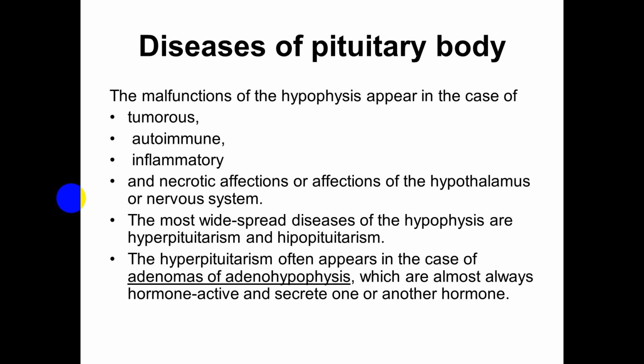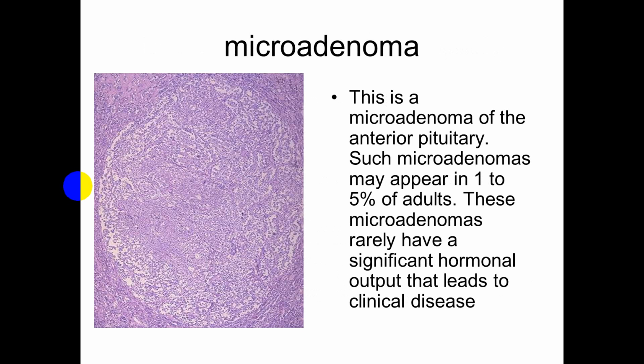The malfunction of the hypophysis appears in the case of tumors, autoimmune, inflammatory, and necrotic affection or affection of the hypothalamus or nervous system. The most widespread diseases of the hypophysis are hyperpituitarism and hypopituitarism. Hyperpituitarism often appears in the case of adenomas of the adenohypophysis, which are almost always hormone active and secrete one or another hormone.